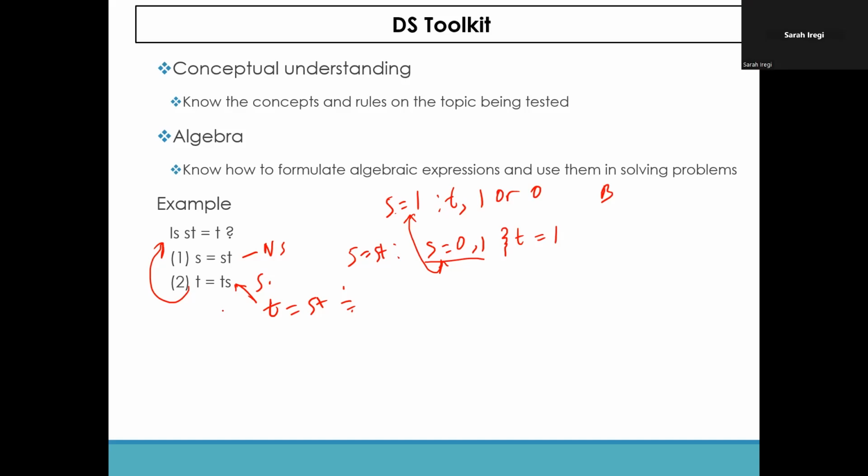So in the first statement, look at it this way. If you look at the question stem, the value on the opposite side of the equal sign is the one which can take 0 or 1. Are you seeing that?